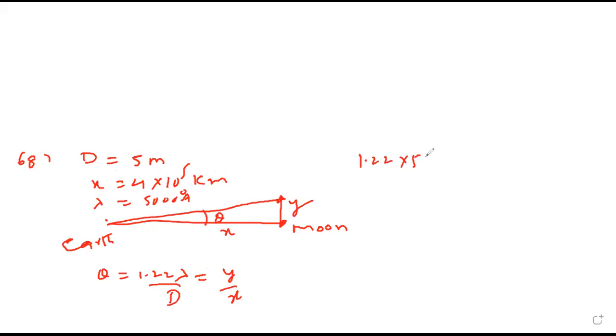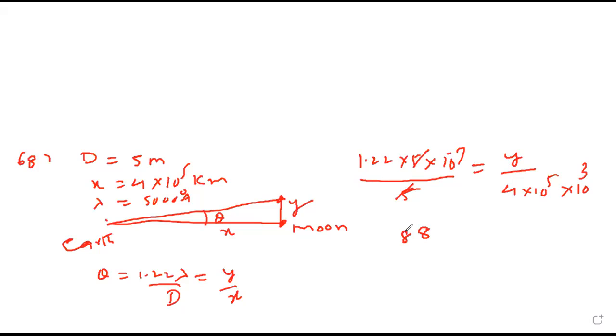So 1.22 into 5 into 10 raised to minus 7 upon d, which is 5 meter, equals y to be calculated, where x is 4 into 10 raised to 5 kilometer, converted into meter. 5, 5 cancel. 4 into 2, 8; 4 into 1; 4 into 10 raised to minus 4 equals y.